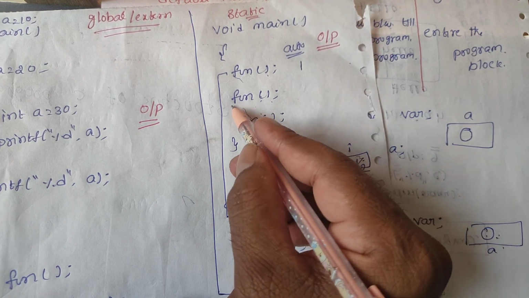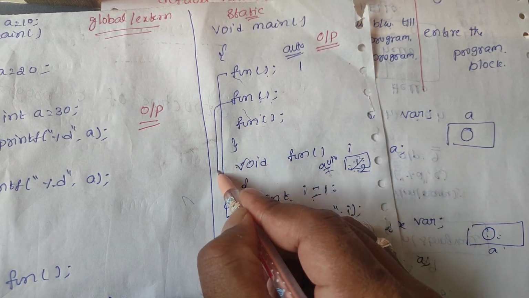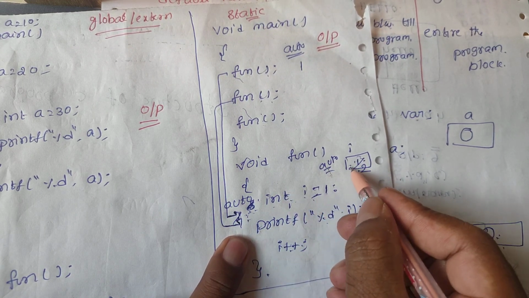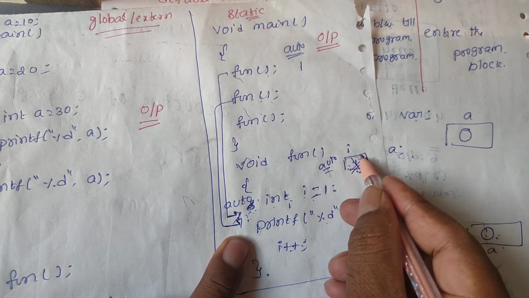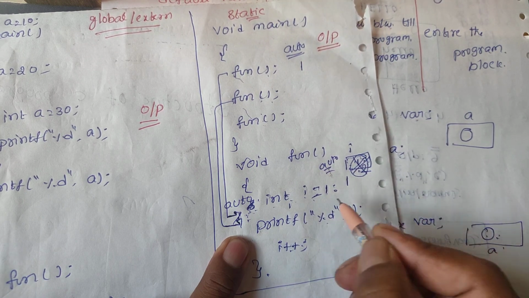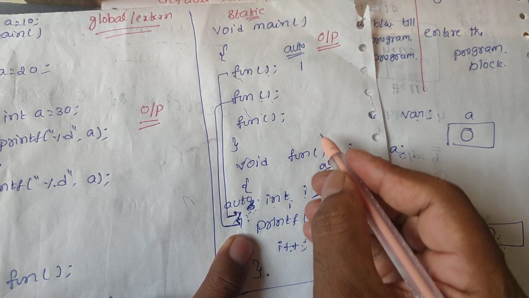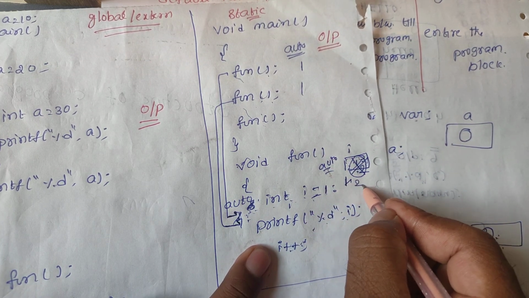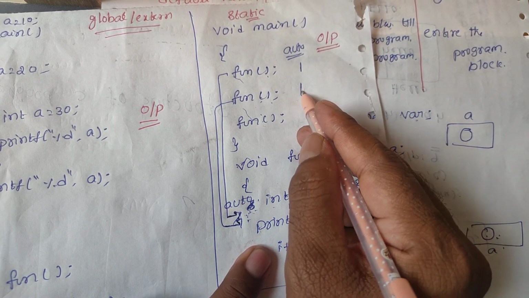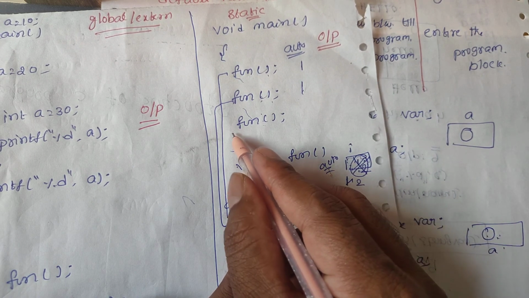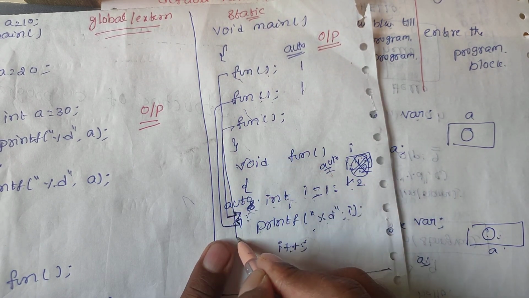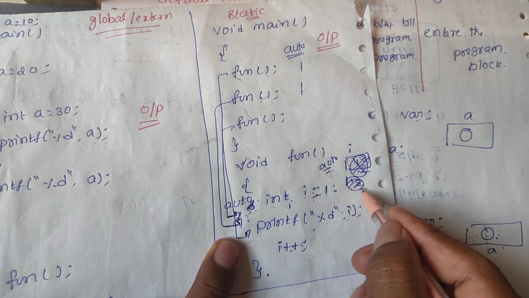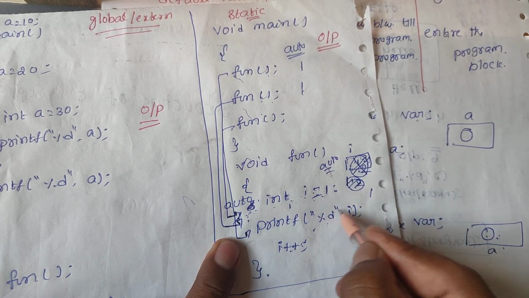The next time the same function is called, auto int i = 1 again, so it is replaced and treated as 1 once again. It displays 1, then i++ makes it 2. The third time we call the function, the same process happens: auto int i = 1, it displays 1, and then i becomes 2.